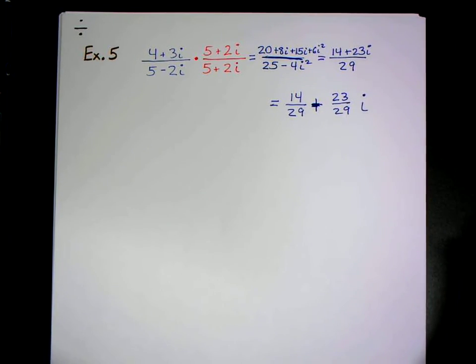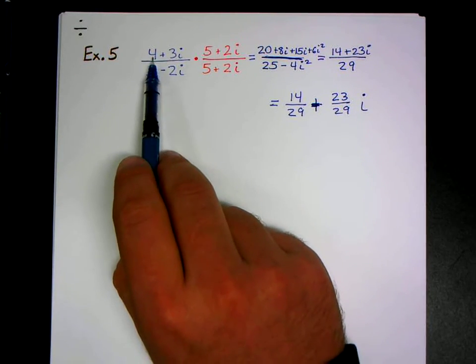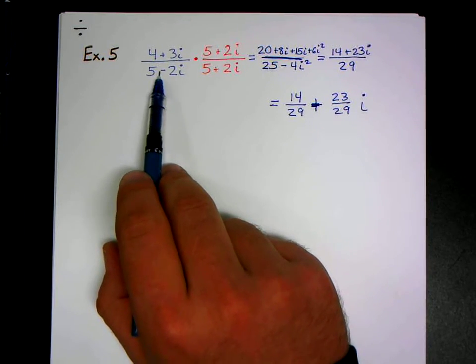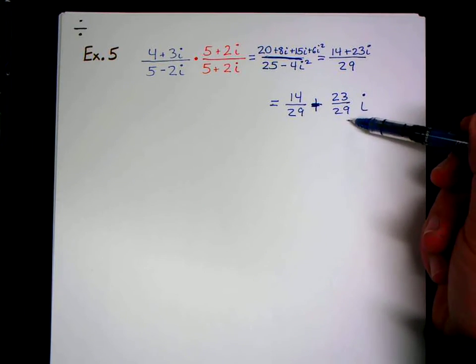That's my complex number. So whenever I do this division, 4 plus 3i divided by 5 minus 2i, I get 14/29 plus 23/29 i.